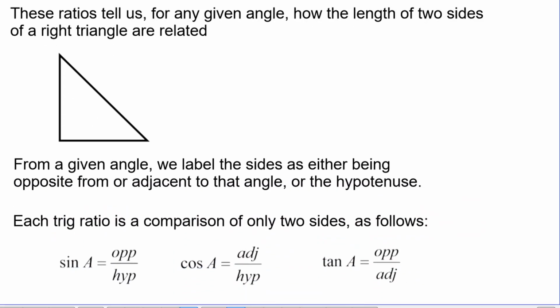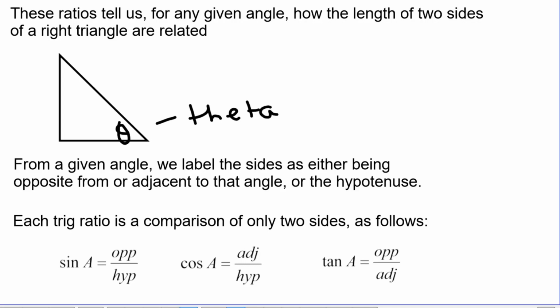So from a given angle, the general idea we use for an angle that's unknown is we call it theta. And that's just the Greek letter that we use to represent usually an angle measurement.